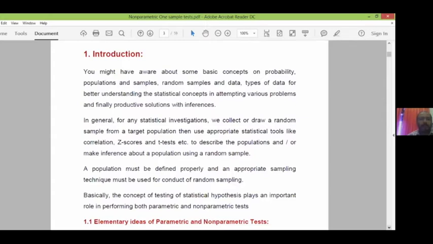Okay, so in general, for any statistical investigation, we collect or draw a random sample from a target population, then use appropriate statistical tools like correlation, z-scores and t-test, etc., to describe the population and or make inferences about a population using the random sample. That is the main important point. So a population must be defined properly.